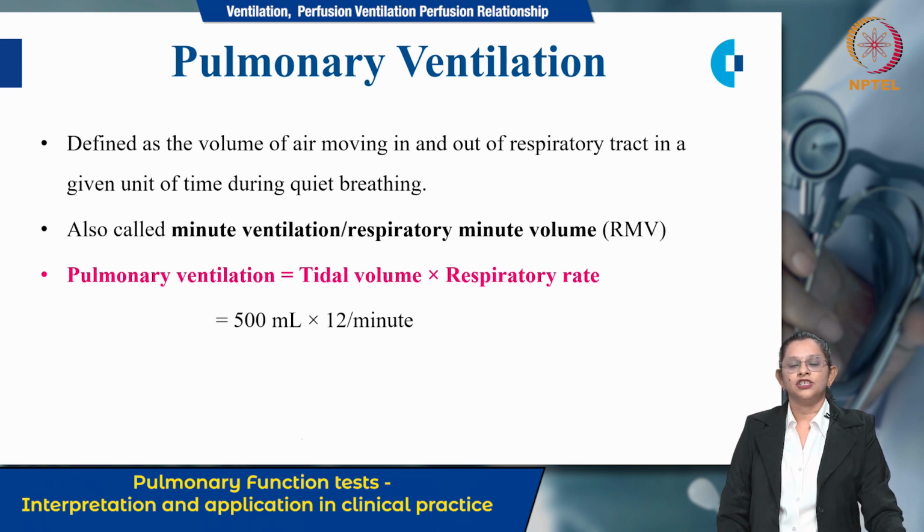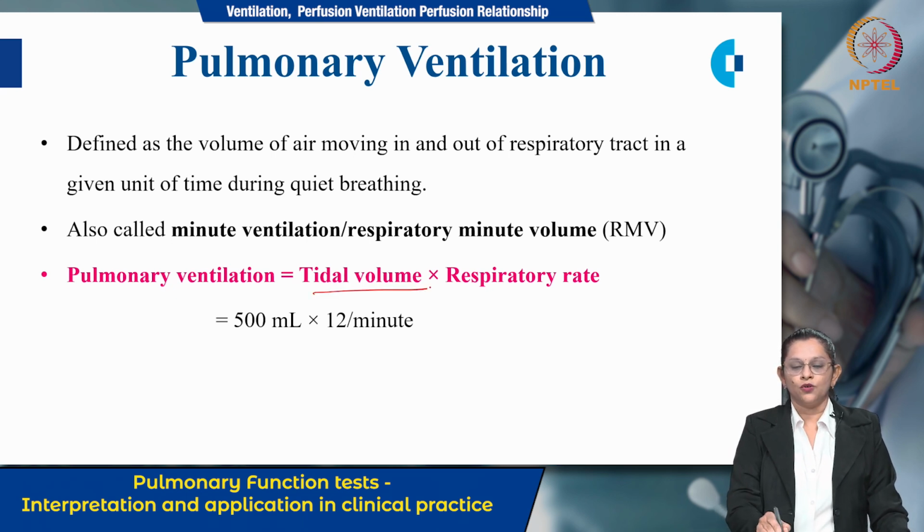Pulmonary ventilation is just the amount of air that goes in and out of the lung in a given time during quiet breathing. It is also called minute ventilation or respiratory minute volume, and it is calculated with the formula: pulmonary ventilation equals tidal volume times respiratory rate.